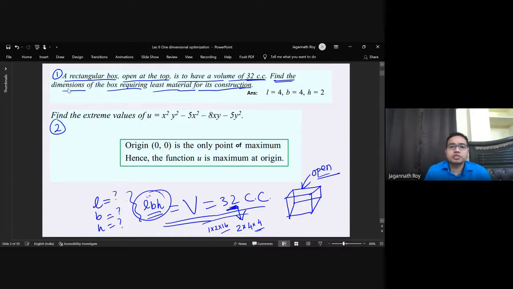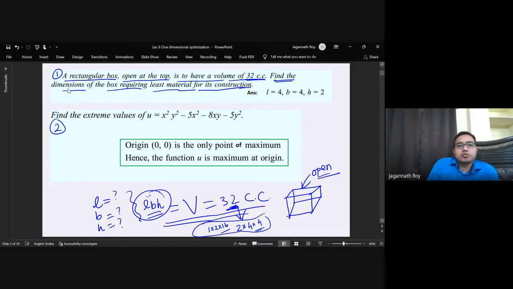So there are so many possibilities, but you have to design an optimal design. We need to find the optimal quantities which will satisfy our requirements.